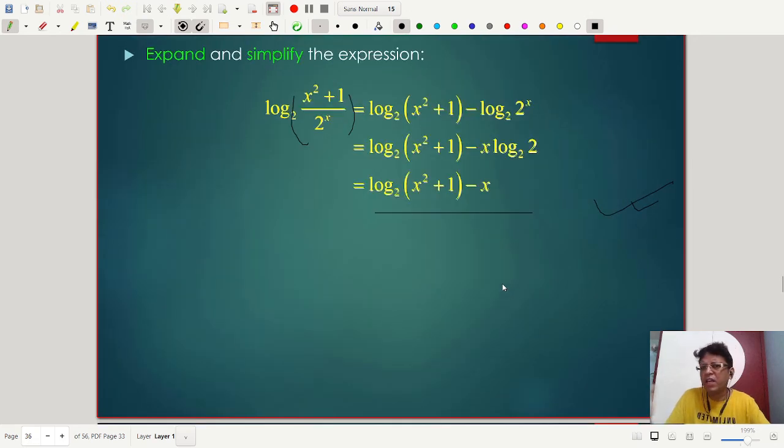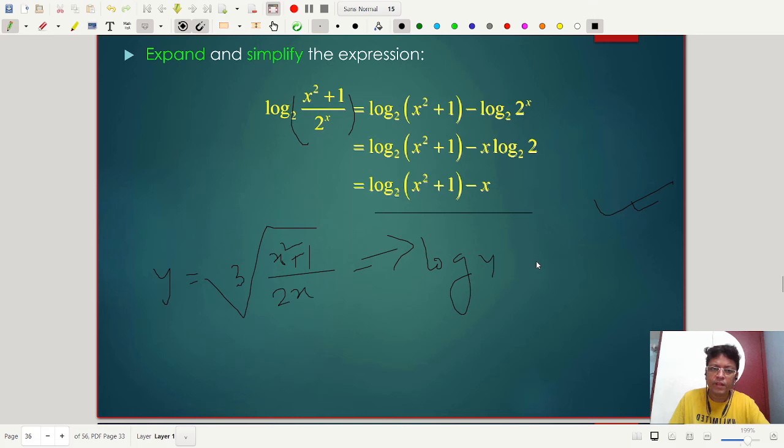And if you have any complicated form, suppose you have the cube root of x square plus 1 by 2x equal to y, and you want to simplify this, it can be simplified very beautifully by using log. How? Take log on both sides, and this is the power, cube root.